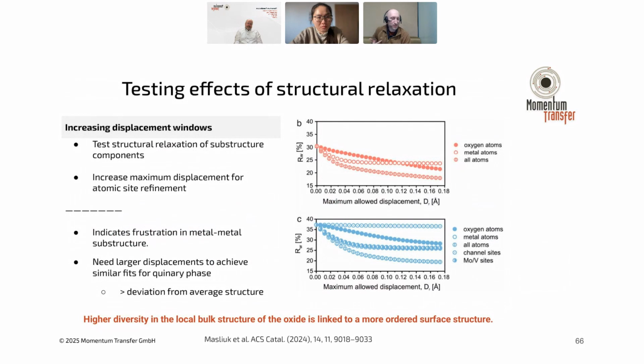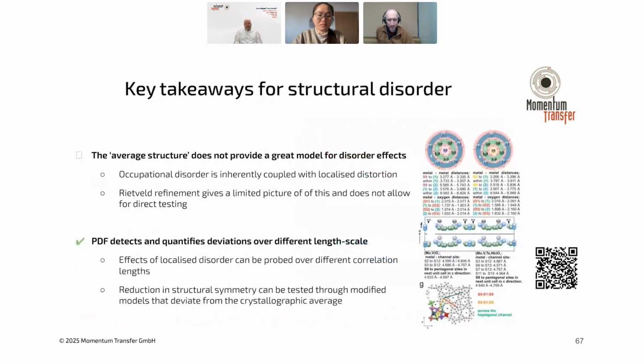And this is actually allowing the surface to restructure. And this is why you can get a more regular surface for the quinary oxide. And it exposes these niobium sites in a different way. And that allows you to change the reaction chemistry a bit. So that's why you can get different behavior.